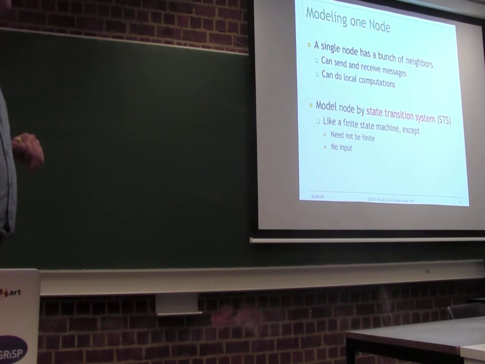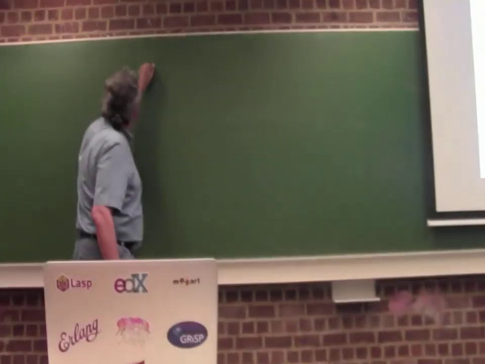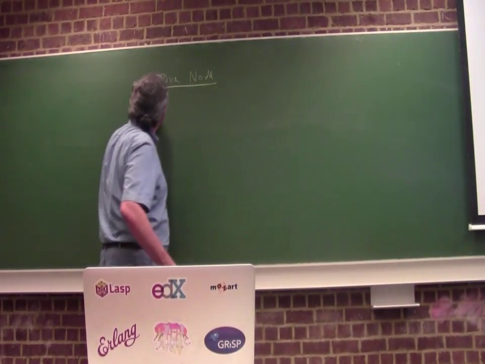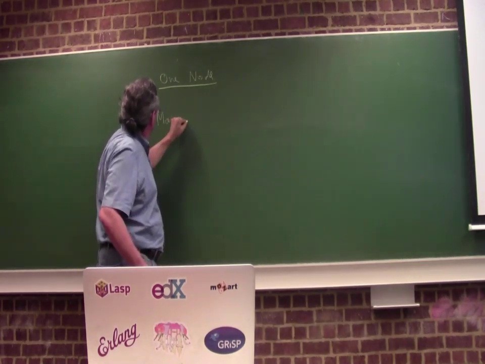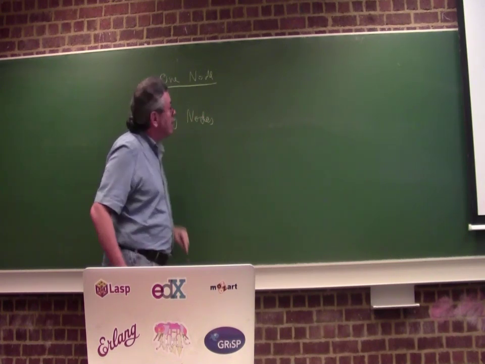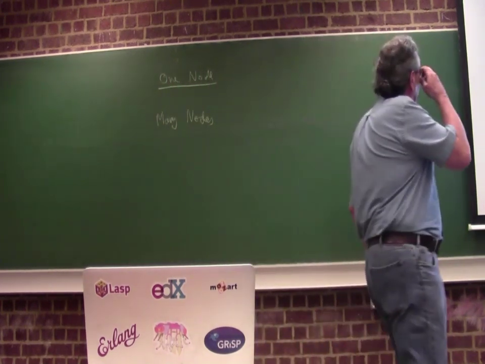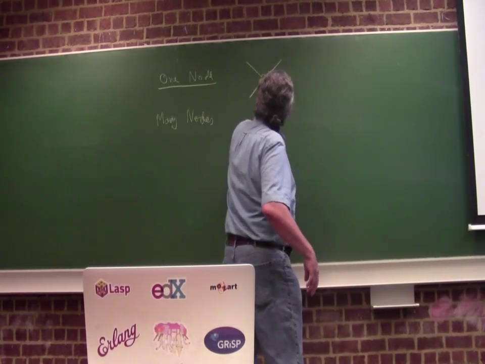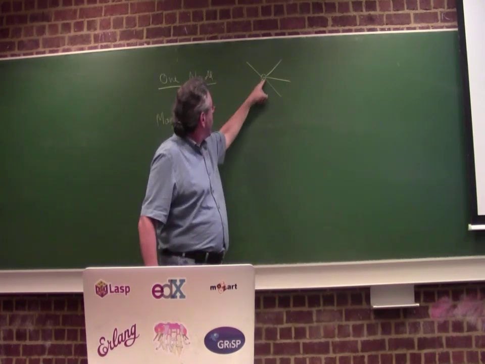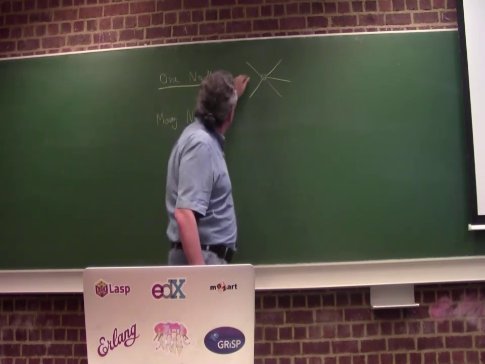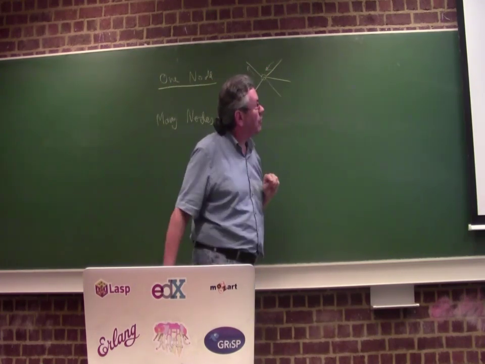To model that, we're going to start by modeling one node, and then we're going to model many nodes talking together. So a single node has neighbors, other nodes, it does some computation, and it can send and receive messages between the neighbors.